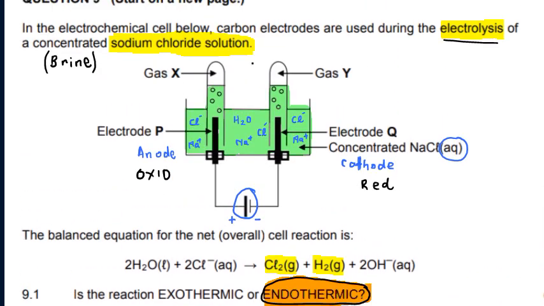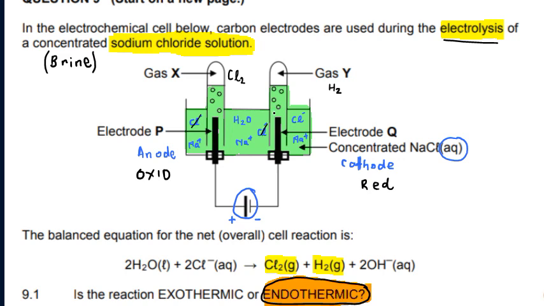Okay, so what we said is that over here at gas X, what's coming out is chlorine gas, and at gas Y, what's coming out is hydrogen gas, right? So you are basically losing from the solution the Cl minus ions. You might not be able to lose all of them, but you lose some of them.